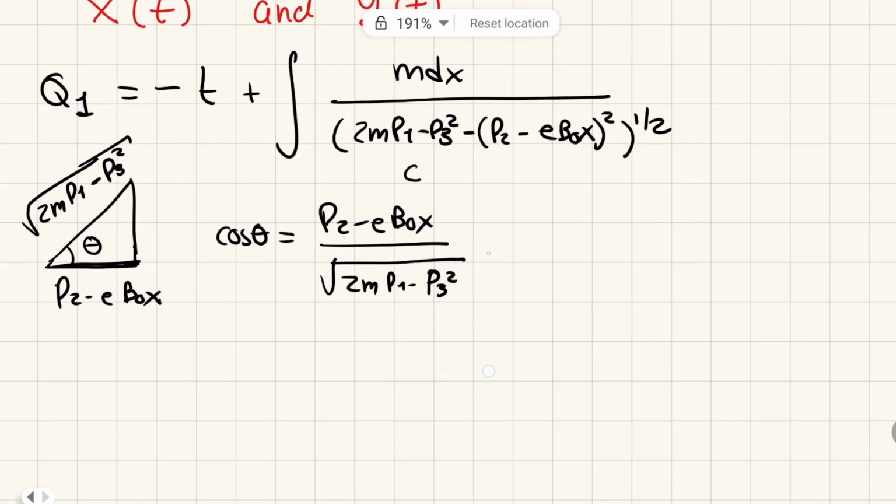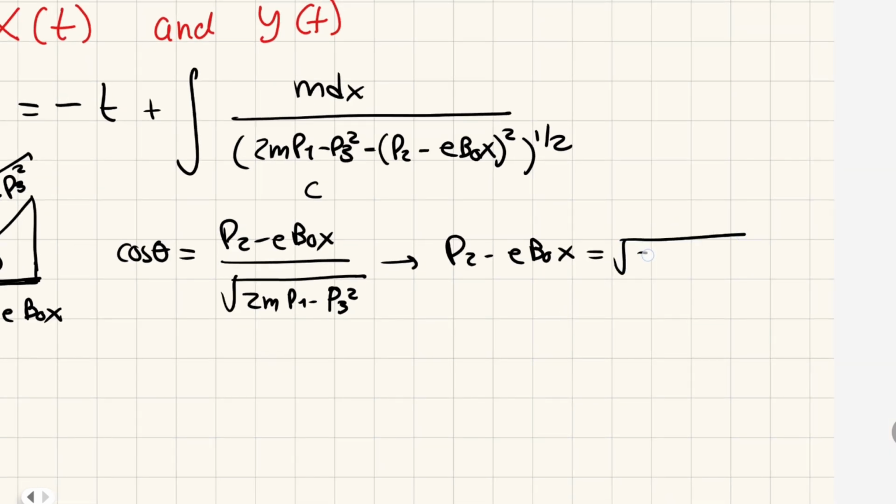And with this, we can see that P2 minus EB0x is equal to the square root of 2mp1 minus p3 squared cosine theta.